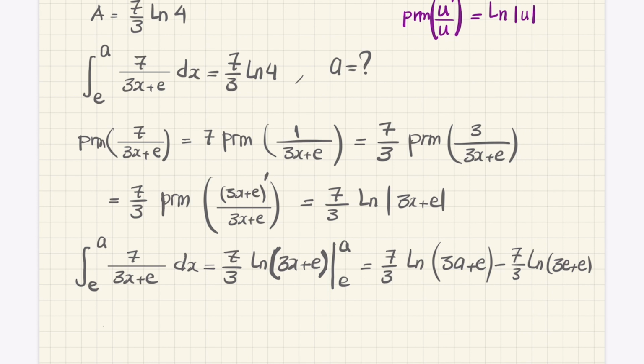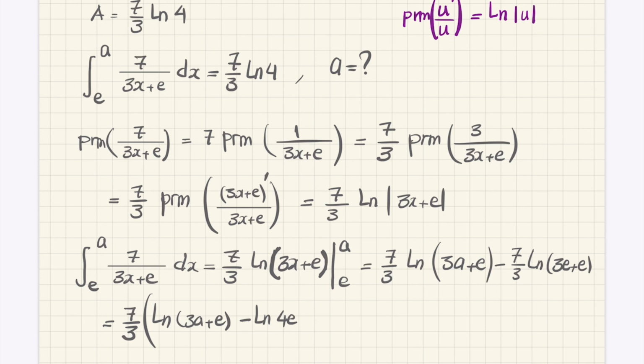But of course I have to do some simplifications, so I factor 7 over 3 out, then I will have ln of 3a plus e, and then 1e plus 3e becomes 4e, so it becomes ln of 4e.